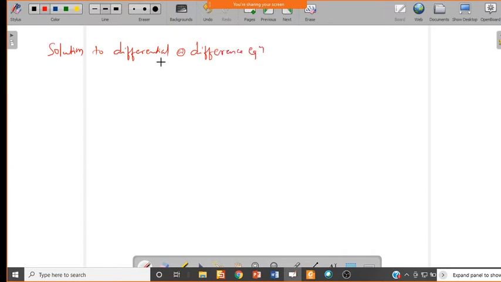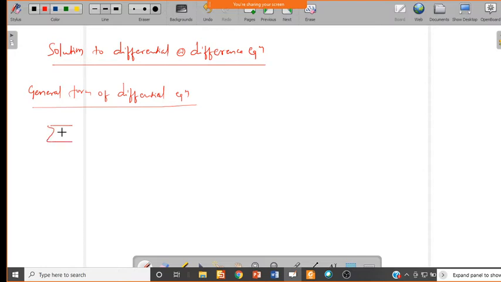Okay, so now we know the general form of differential equation. So now if we have the summation varying from k equal to 0 to m, a k into d power k into y of t divided by dt power k.